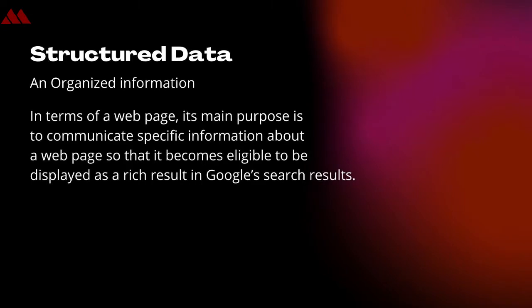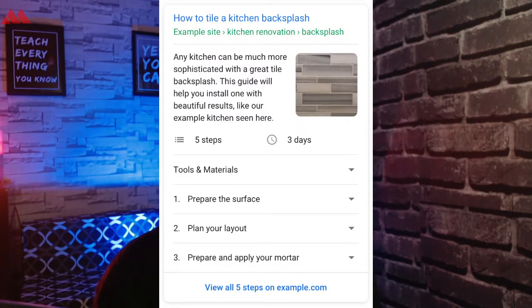So when we talk about structured data, let's first try to understand what exactly it is. In very simple terms, if there is any information which is in organized form, then it can be defined as structured data. When we talk in terms of a web page, this organized information can be understood as the information which is responsible for showing the rich snippets in any search engine results.